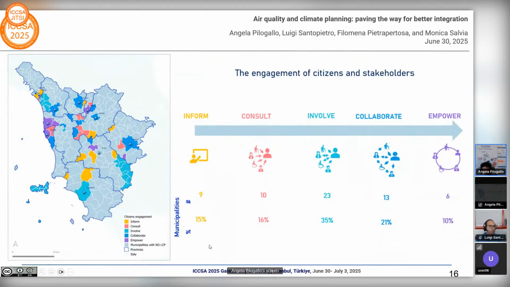We found that just 10% of climate plans analyzed reached the higher level of citizen and stakeholder engagement, considering the methodology developed by the International Association for Public Participation.